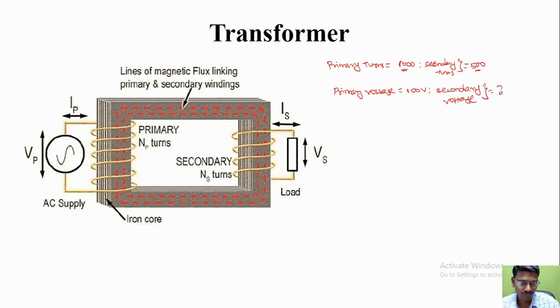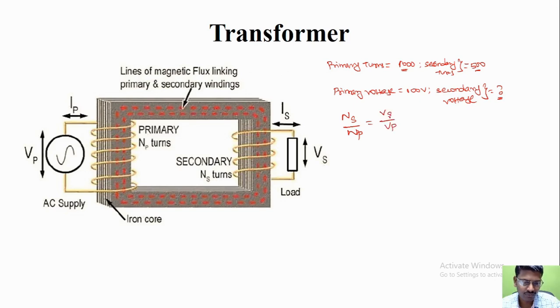Secondary voltage is equal to, I need to find the value of it. So with the help of this relation, I am going to ratio the value of the secondary number of turns to the primary number of turns. Ns divided by Np is equal to Vs divided by Vp.